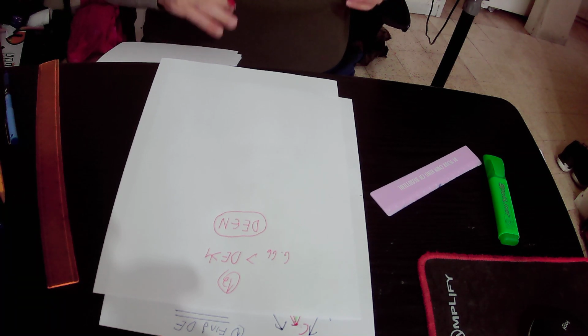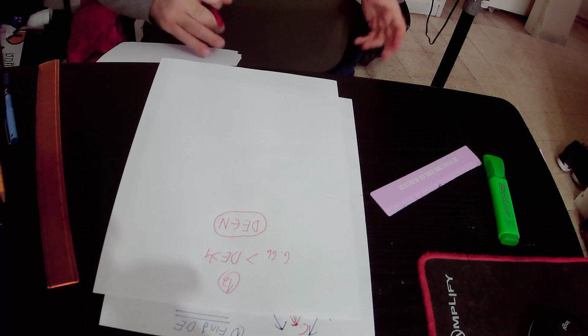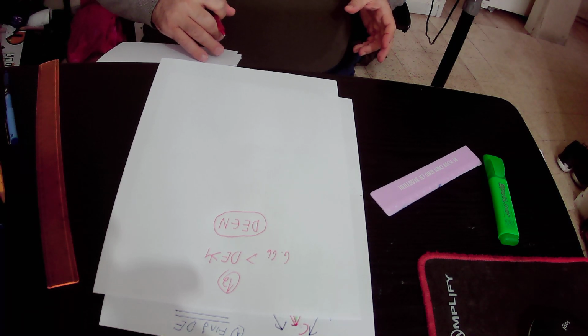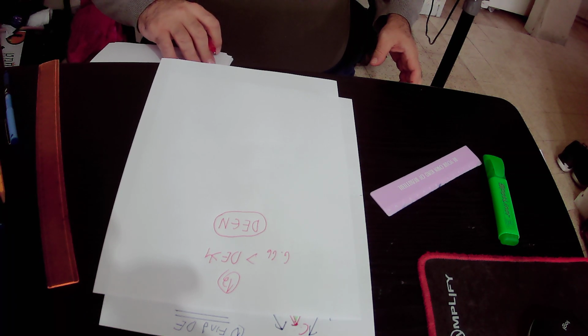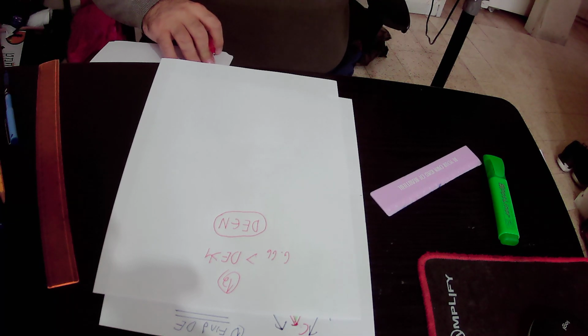So DE is bigger than 4 and smaller than 6.66, and DE must be a natural number.